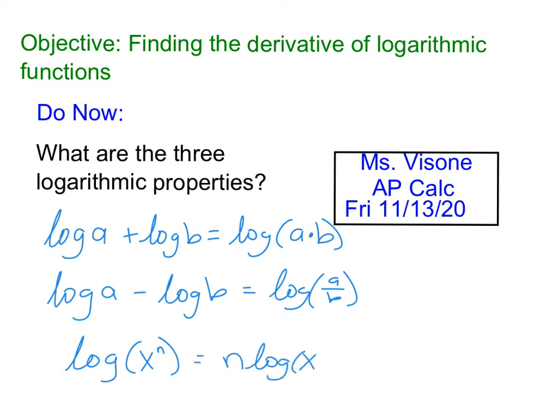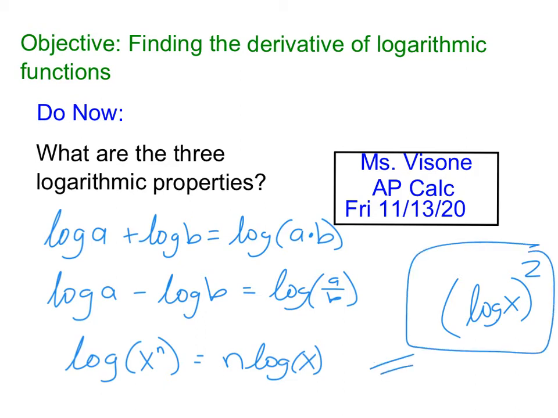Now, that is different than, say, log x squared. Those are two different things. This one is not equal, right? Those are not the same thing. So it's the inside being raised to the power, right? The inside being raised to a power, then it's allowed to come in front.